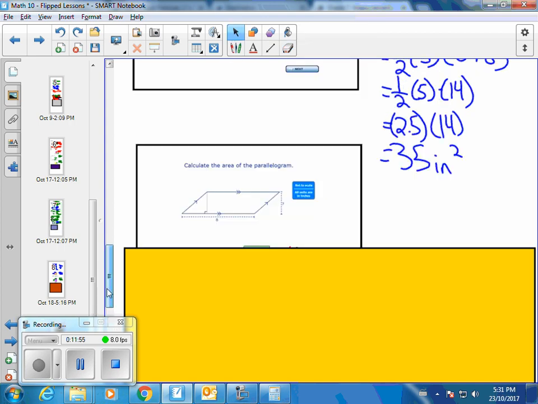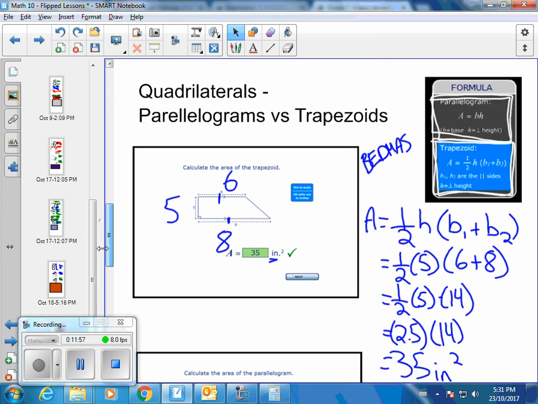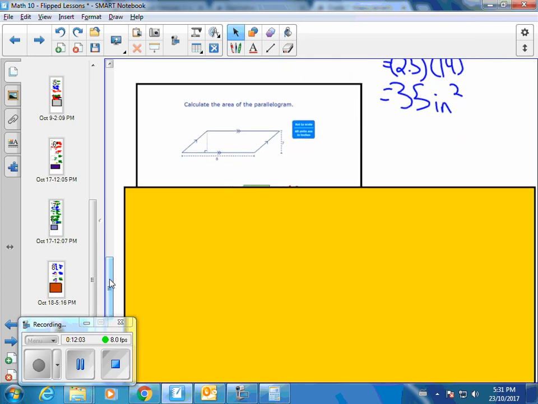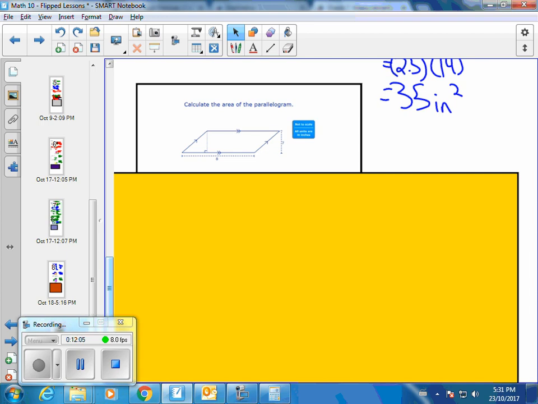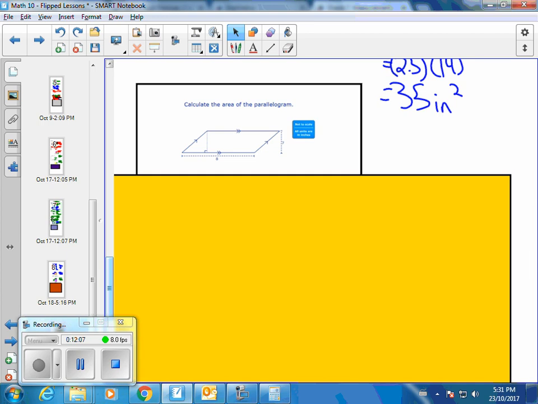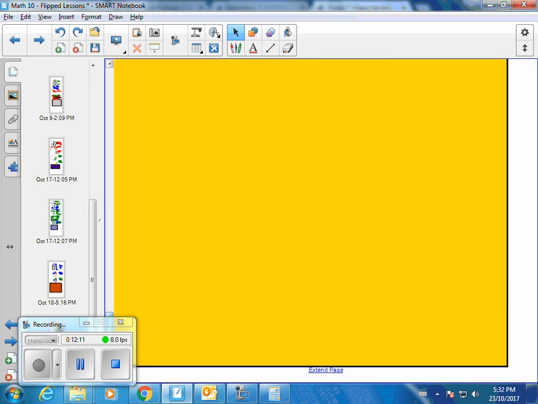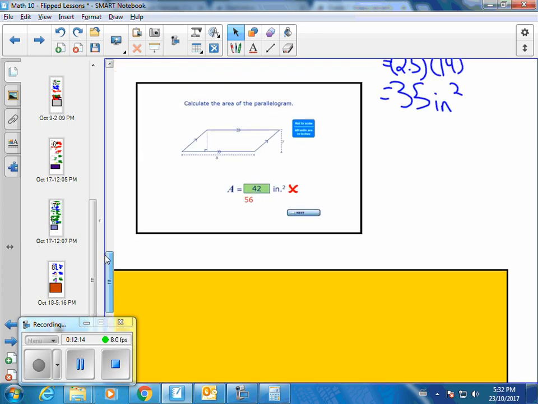So if we go back up and we take a look at what our formula is for a parallelogram, area equals our base times our height. Where does that sound familiar from? Hopefully it sounds familiar from doing area of a square and a rectangle, because that's essentially what it is. So for this one, area equals our base times our height.